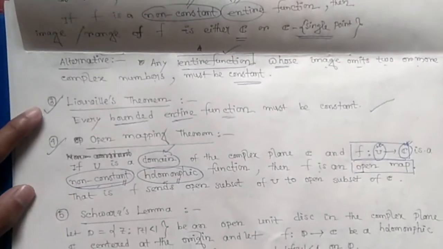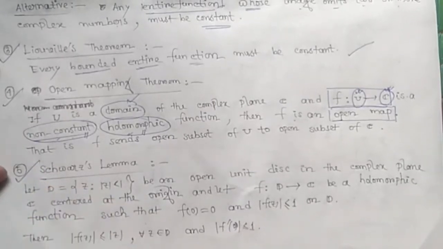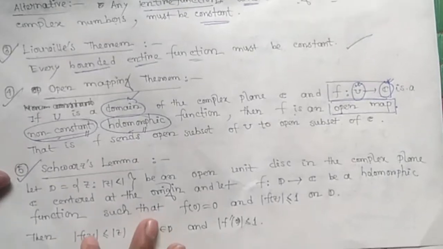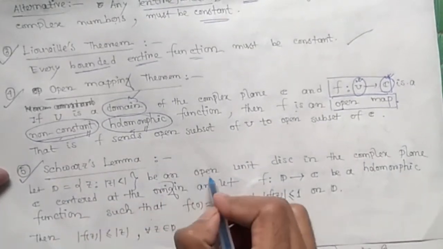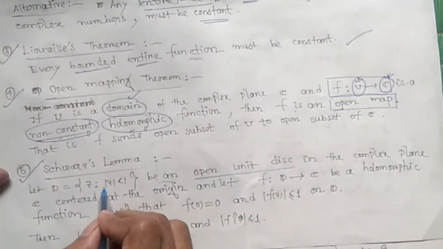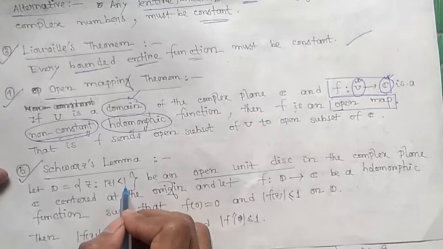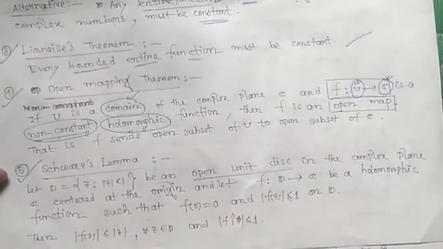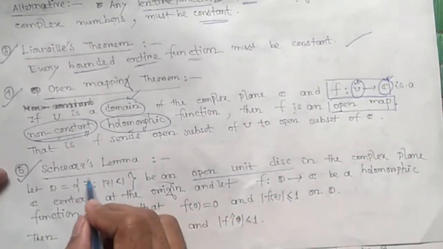Number 5, Schwarz lemma. Let D be the open unit disk, the set of z such that mod z is less than 1. This is an open unit disk in the complex plane C, centered at the origin.